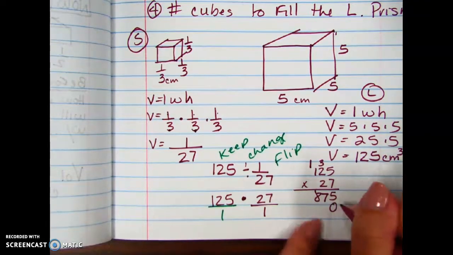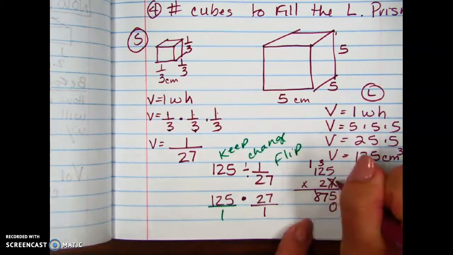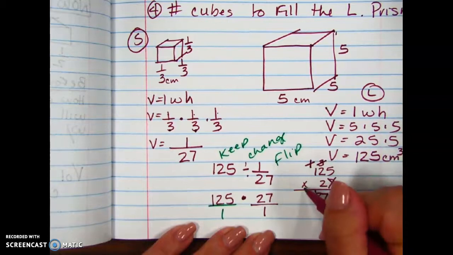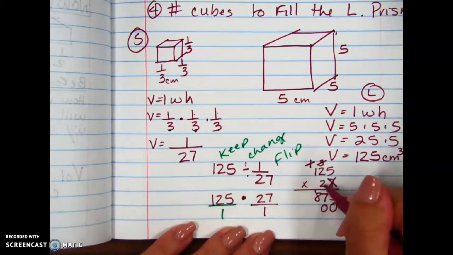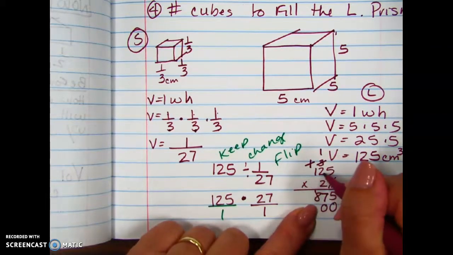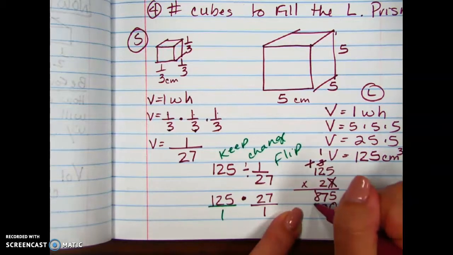Now I give it a hug because I'm moving over place values. I give it a kiss because I'm done with this place value, and I'm going to get rid of this and this. Now I can multiply 2 times 5, which is 10. It's actually saying 20 times 5, but we use the basic fact. 2 times 5 is 10. I regroup. 2 times 2 is 4, plus 1 is 5.